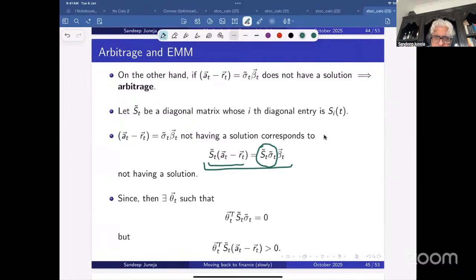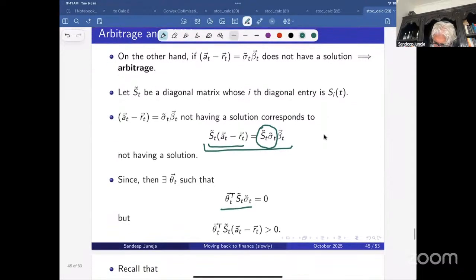So if there was a theta t which was perpendicular to these columns, then that theta t will make a non-zero angle with S tilde t at minus rt. If something doesn't lie in the span of vectors, then any vector in the null space of that span, that's theta t, is going to make a non-zero angle with this vector right here, which does not lie in the span. Is this clear?